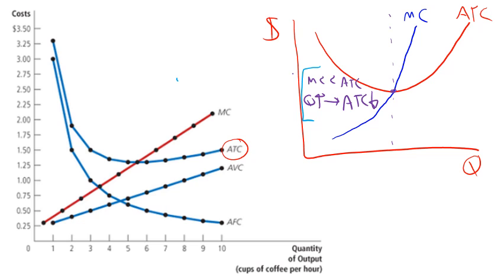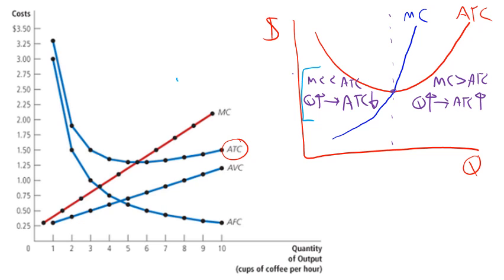Now let's look at what happens on the other side of the dotted line. Here, marginal cost is greater than average total cost. Whenever marginal cost is greater than average total cost, an increase in output will cause average total cost to increase. It's got to happen. Again, it's math, not economics.